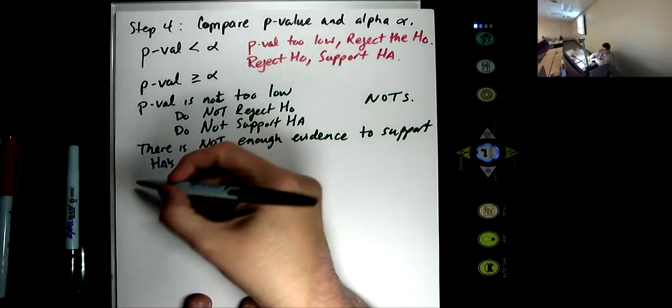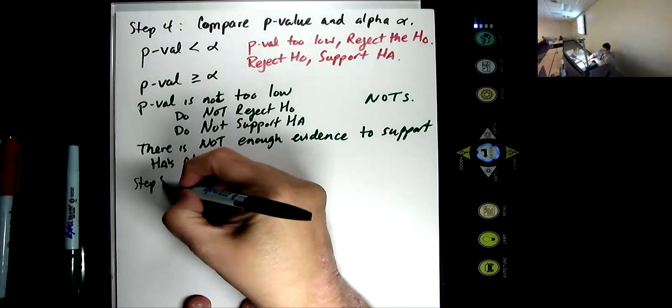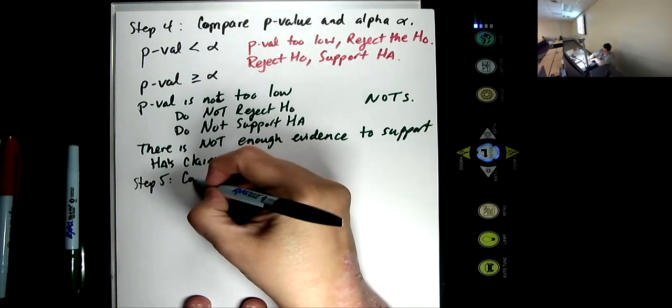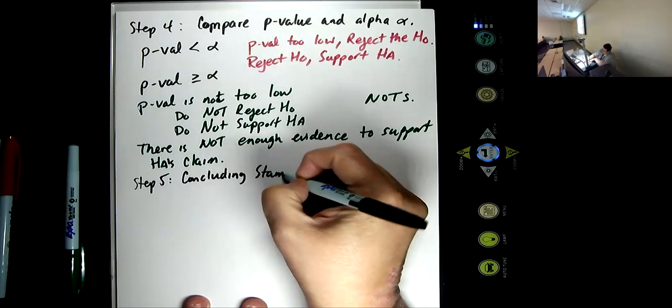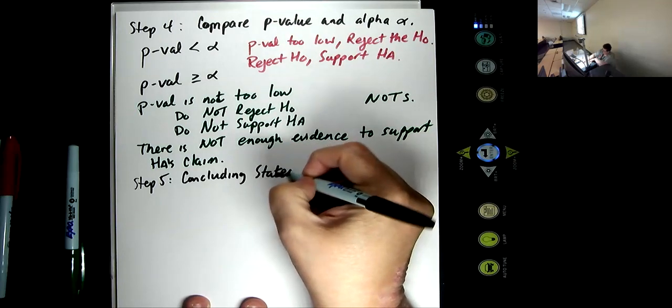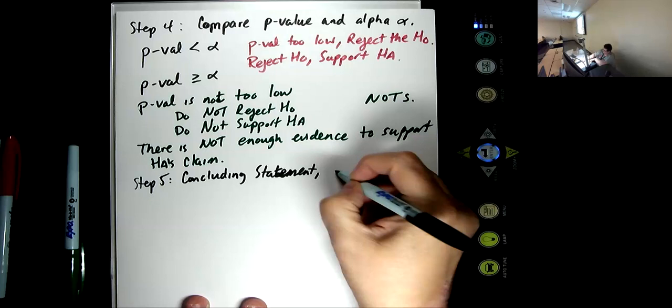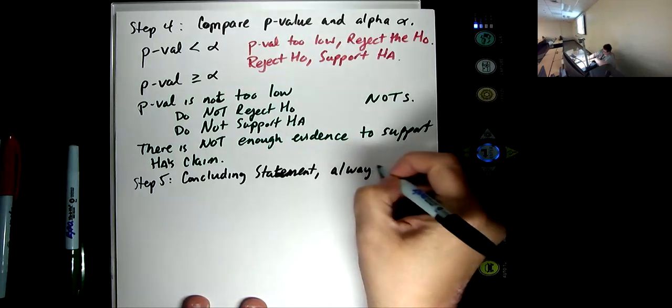All right, step 5. Concluding statement, which is always about HA. Always about the alternate hypothesis.